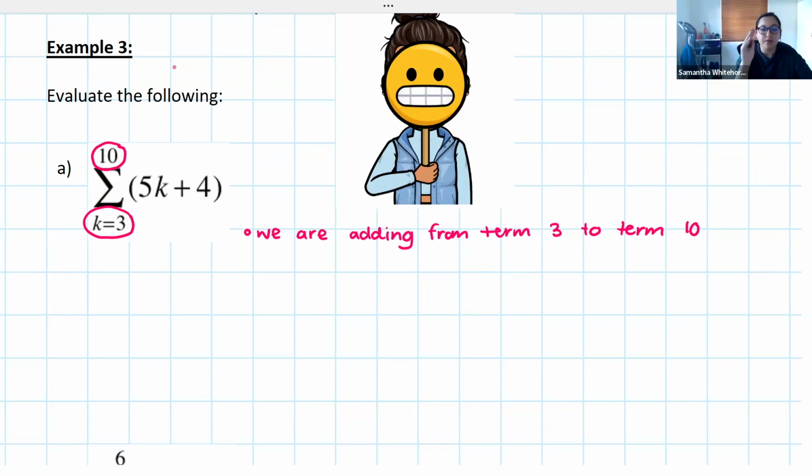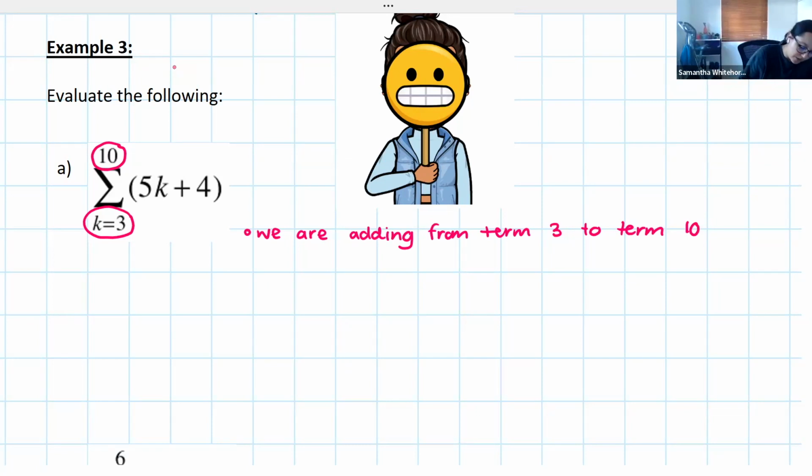Now, whilst it might seem problematic in our heads of, oh crap, what do I now do? We don't overthink it, right? So all you now need to think of is adjust your viewpoint. Think of term 3 as now the first term that you're going to add. So what I mean by that is when you now go and find those first 3 terms, there is no point of finding if k equals 1, if k equals 2. What is the point of doing that if I'm only going to start from k equals 3?